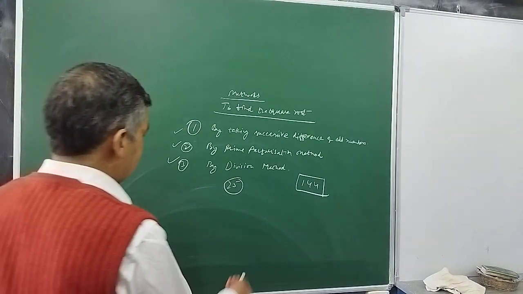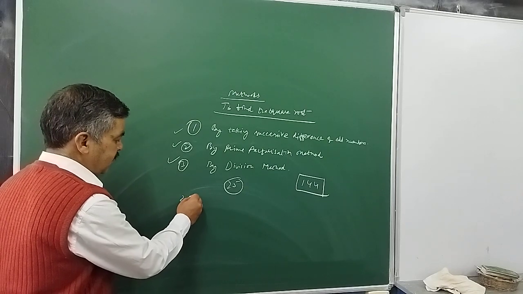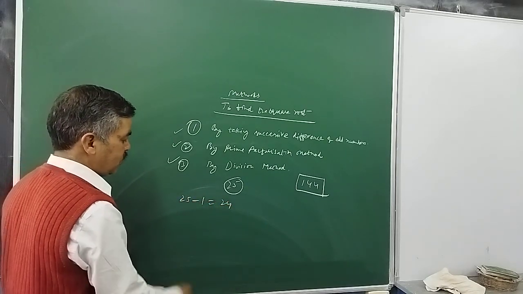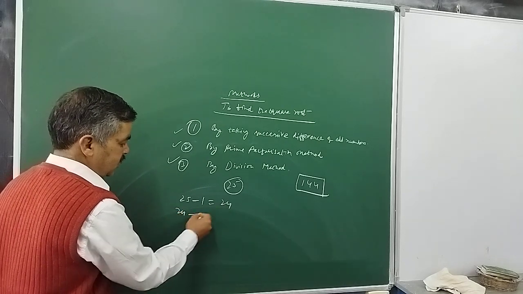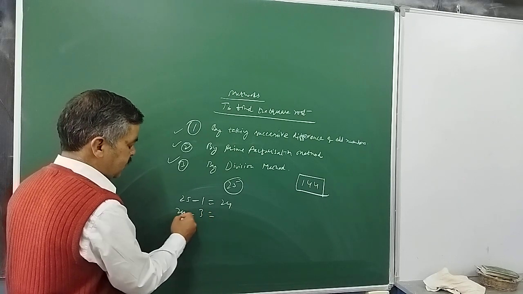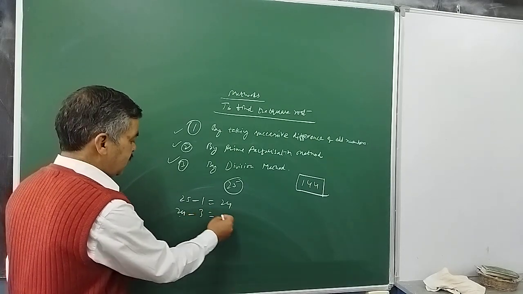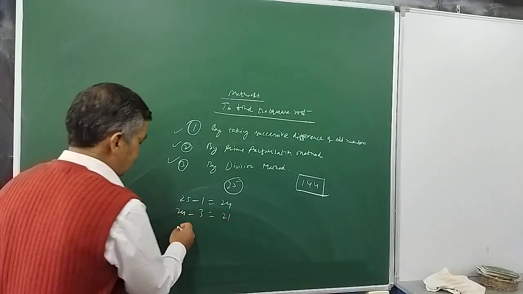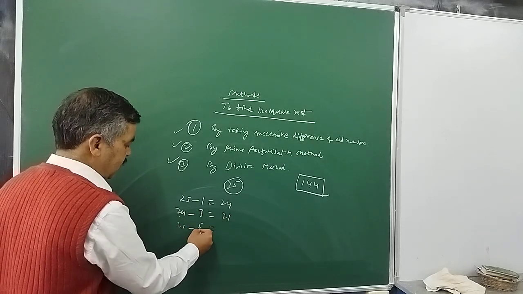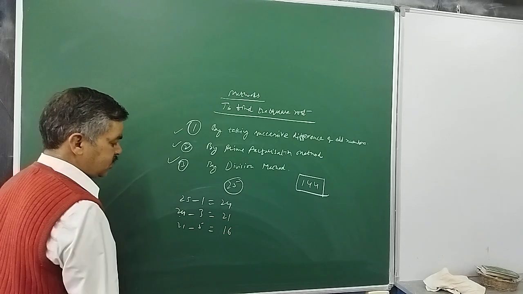So you need to write 25, first odd number minus 1, then it is 24. From the result, next odd number, 24 minus 3, that will give you 21. Then 21 minus next odd number, 5, that will give you 16.